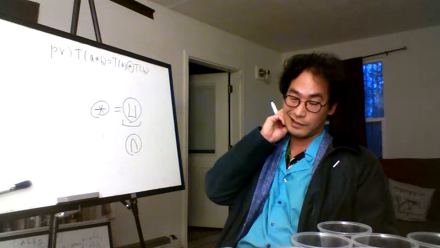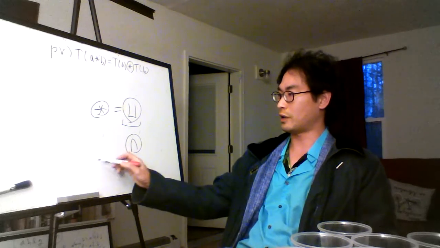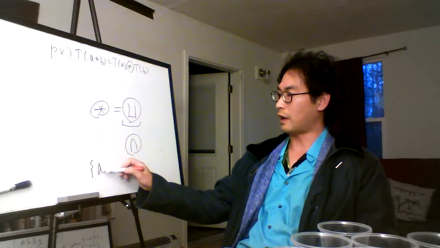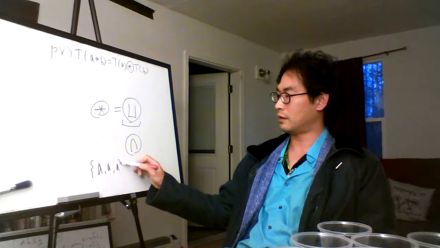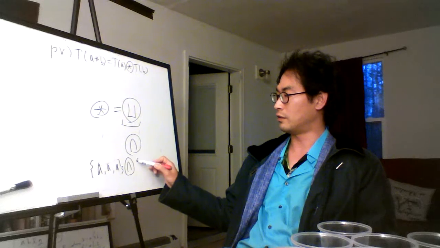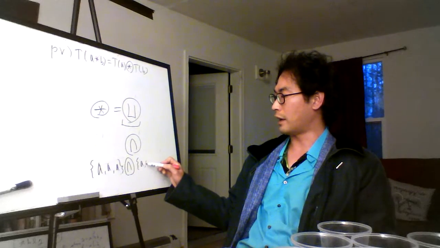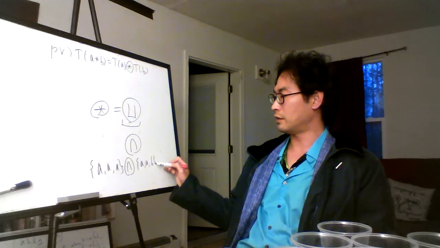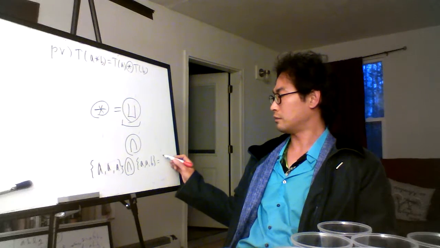It's like this: you have a, a, a, multi-set intersection of a, b is equal to a, a.